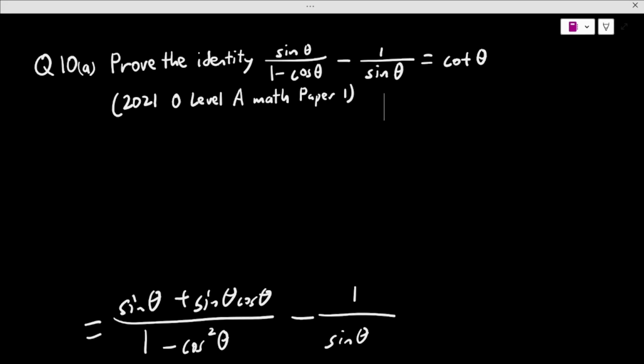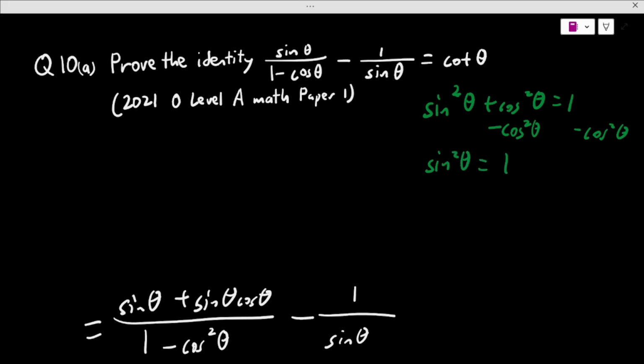Well, the denominator is 1 minus cosine square of theta. We know that sine square of theta plus cosine square of theta is equal to 1. So let's subtract cosine square of theta on both sides. This will give us sine square of theta is equal to 1 minus cosine square of theta.